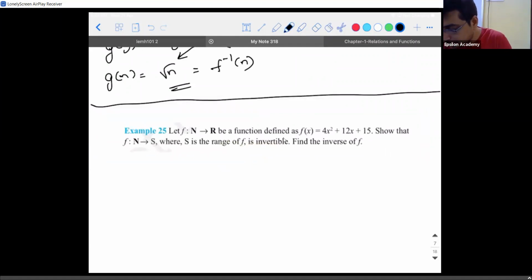So there is a function which is mapped from natural number set to a real number set, defined by the function f of x is equal to 4x square plus 12x plus 15. Show that f map from n to s, where s is the range of f, is invertible. Find the inverse of f. This is a good one and an important one.